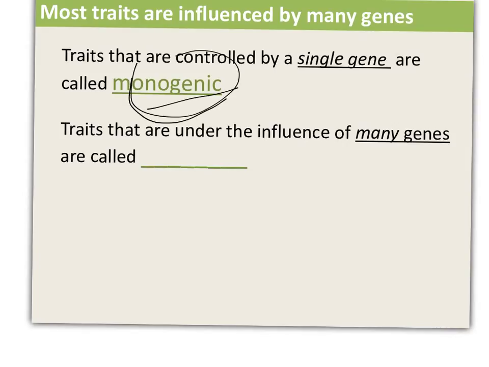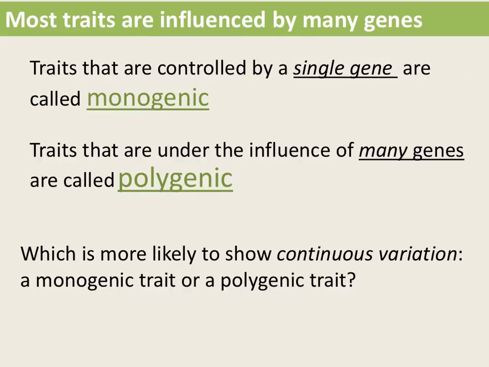And under many genes, well, instead of mono, we have polygenic. Which is more likely to show continuous variation? Polygenic.